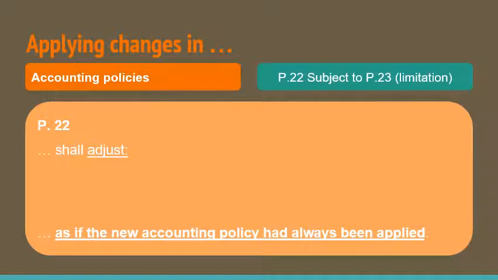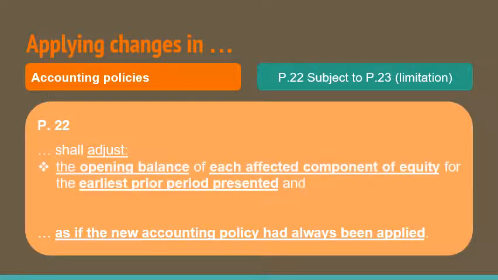How do we apply the changes retrospectively as in paragraph 19? Paragraph 22 states that an entity shall adjust the opening balance of each affected component of equity for the earliest prior period presented. Now there are two things here to be noted. One is the opening balance of any item of equity affected by the change.